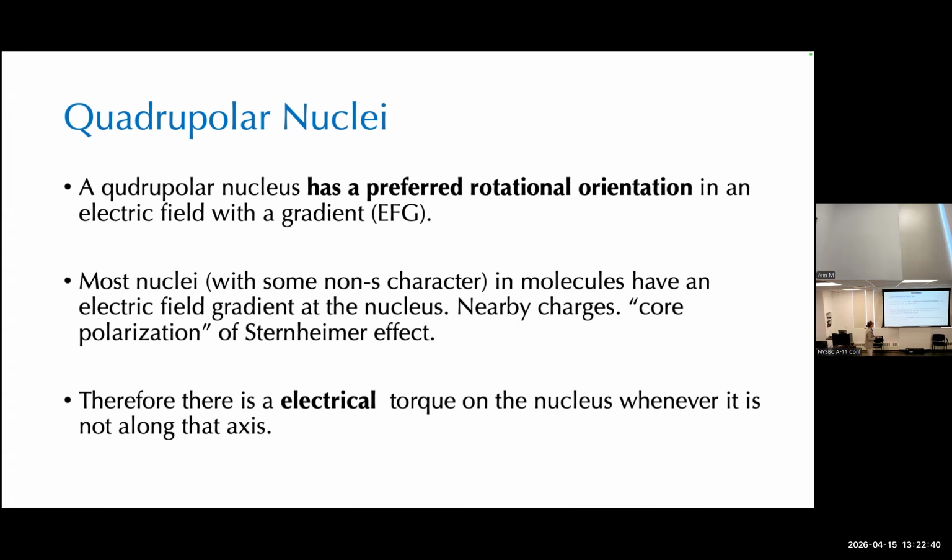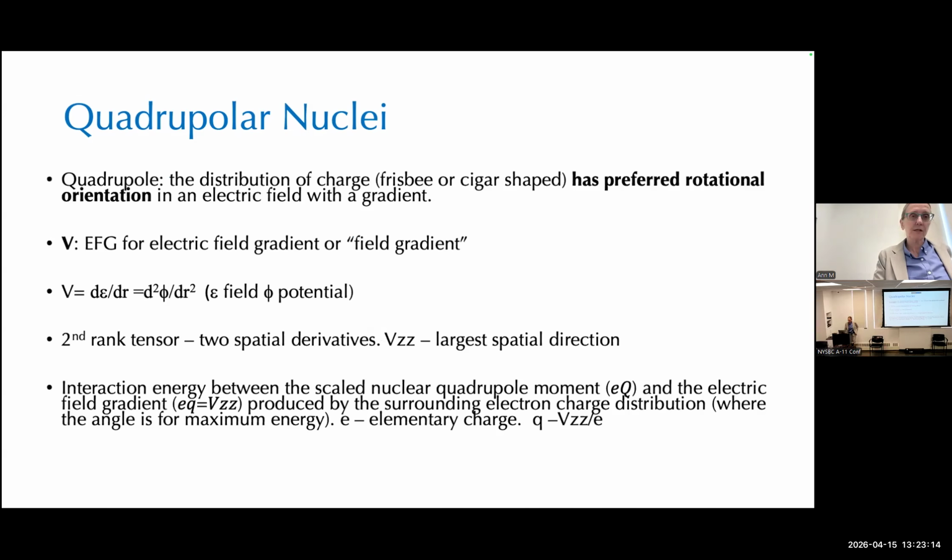Most nuclei in molecules have an electric field gradient at the nucleus due to nearby charges. And it's really the very close by things, sometimes referred to as core polarization or Sternheimer shielding, really the electrons that penetrate the nucleus or are right there at the nucleus that are dominating this. Those electrons being non-spherical means you have a core on a non-spherical nucleus and preferred rotational orientation.